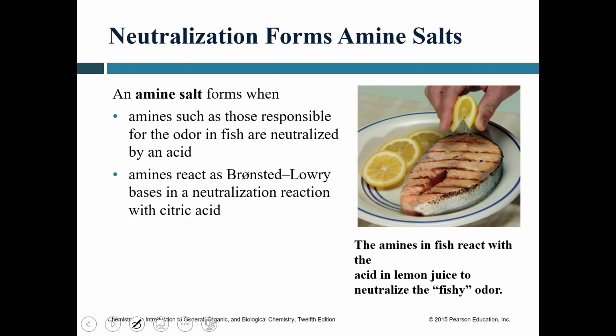The salt of an amine forms when an amine reacts with an acid. For instance, you may have heard that to neutralize the fishy odor of fish, you should sprinkle it with lemon juice. Why?